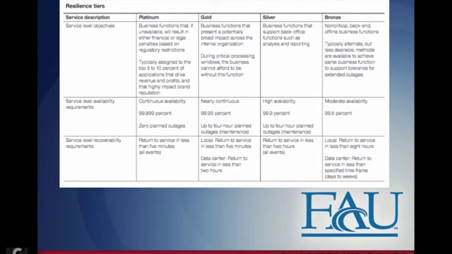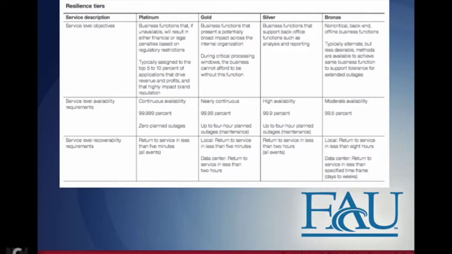These need to be continuously available 99.999% of the time, basically having 0 planned outages, and the service level recoverability requirements, you need to return to service in less than 5 minutes for business activities that fall under the platinum level.